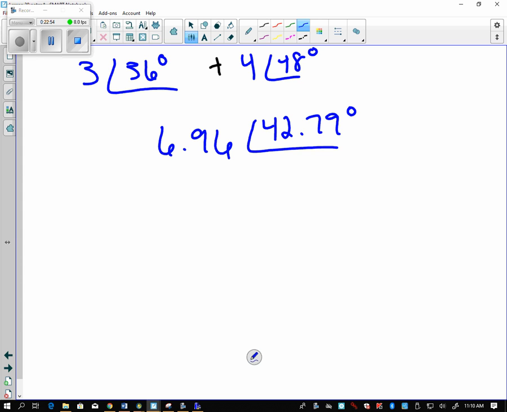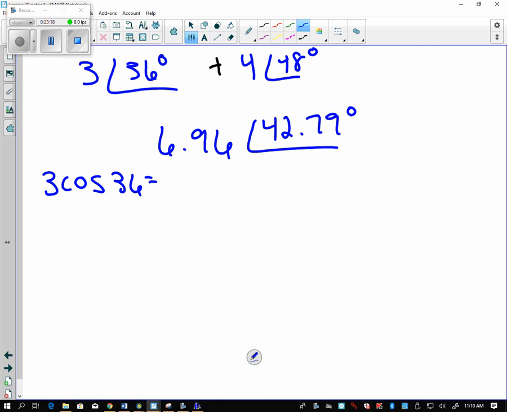Okay. So, Katie, did you get 3 cosine 36? Okay. What did you get there? Did you write down any work for this? So you didn't work this out at all? Katie.